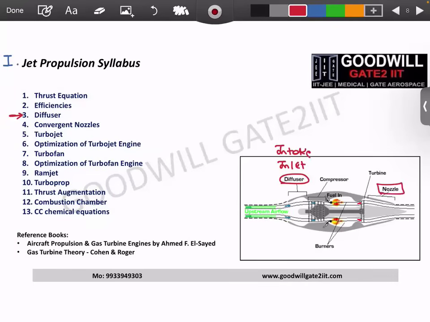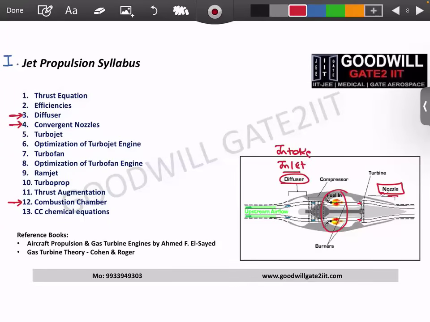We will understand nozzles. All right. We will understand the combustion chamber. I told you, jet propulsion is a big unit. That's the reason it covers 6 to 8 marks in your GATE exam. Compressor is a separate chapter. Turbine is a separate chapter. But we will discuss inlet, nozzle, and combustion chamber here itself.